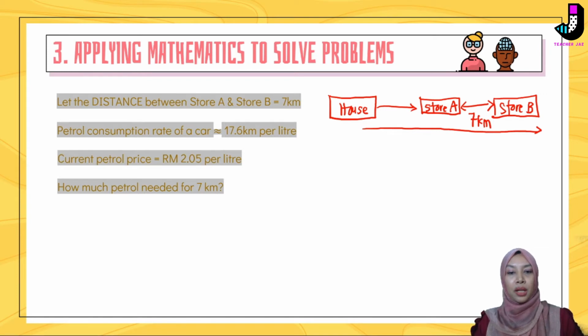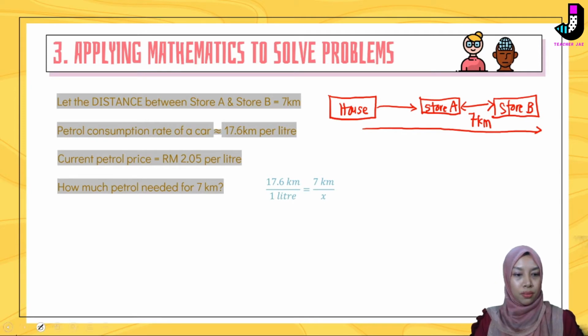Okay, so I would like to show this tab. Sekejap, saya tak nampak arrow. Here, I prefer to use the proportion method. This is syllabus Form 1, still remember? So I interpret what it means here.